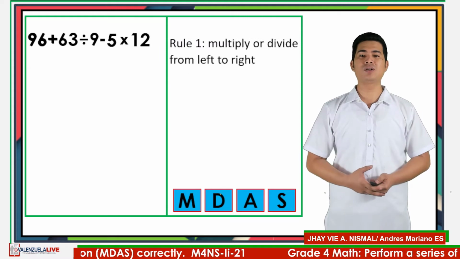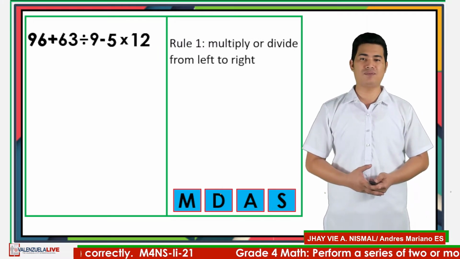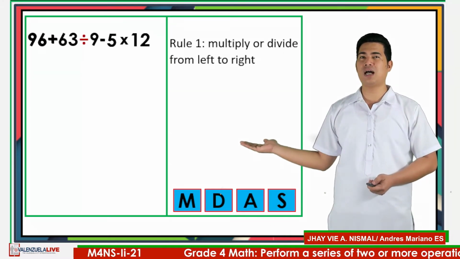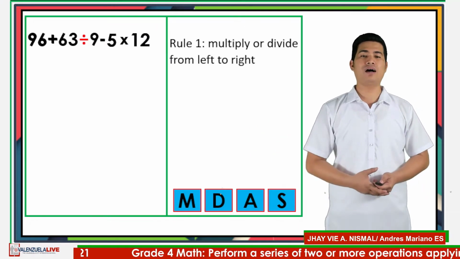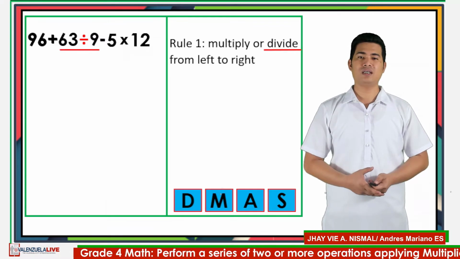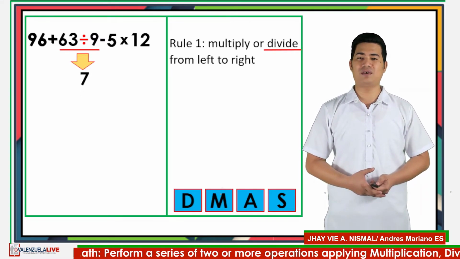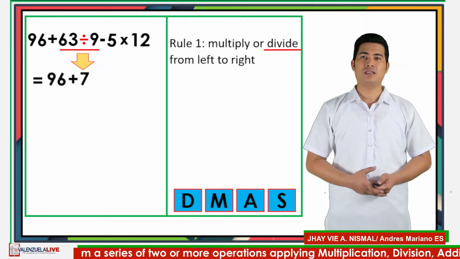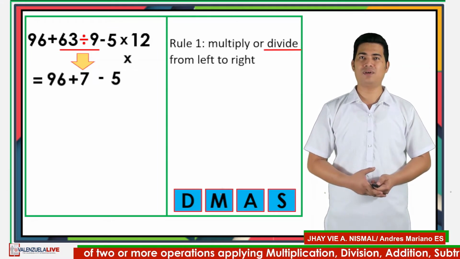Furthermore, the rule says multiply or divide first in the order as they come from left to right. Since division comes first in the order from left to right, we will carry out the division. 63 divided by 9 is equal to 7. Then bring down 96 plus sign minus 5 times 12.